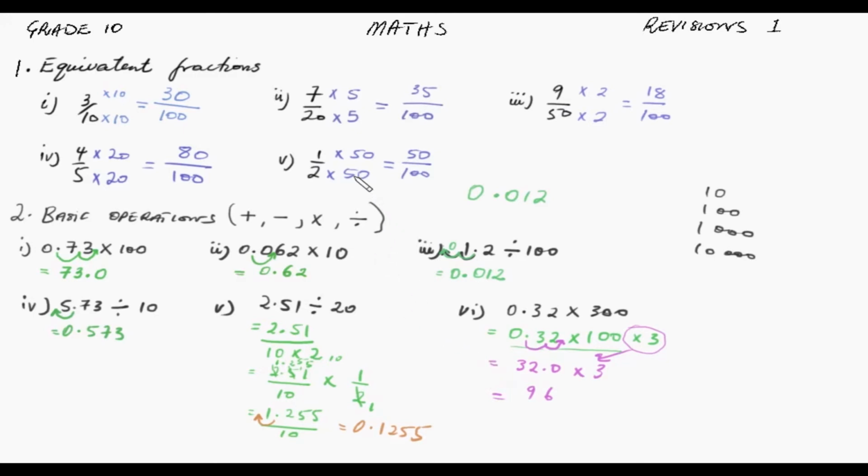Now let's look at this one. There is one interesting part in this exercise. Let's say we have 0.1 times 0.03.